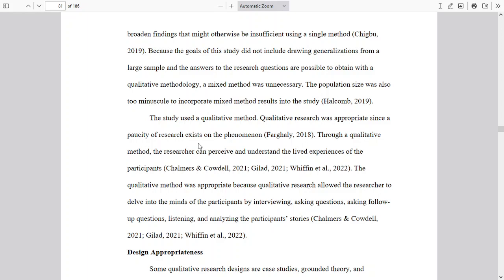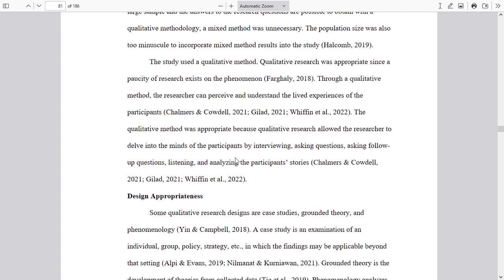There is a paucity of research on restorative justice, and this way I can understand and perceive the lived experience of the participants, and it also allows me to delve into the minds of the participants by interviewing, asking questions, asking follow-up questions, listening, and analyzing participants' stories.